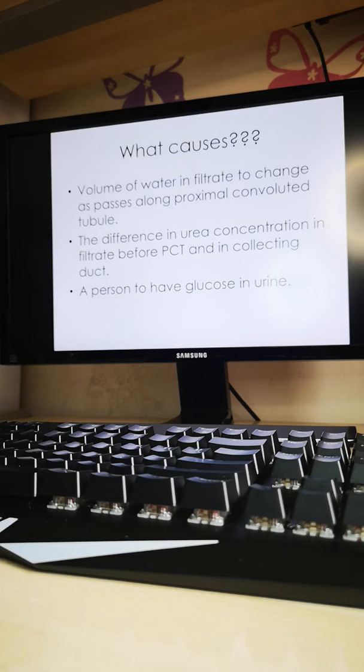So it would be if somebody has too much glucose in their blood, so they can't reabsorb it all by the time you finish the proximal convoluted tubule.